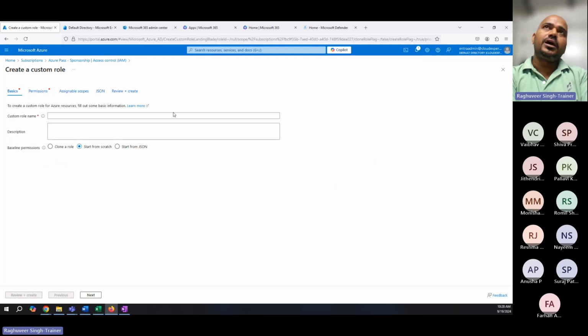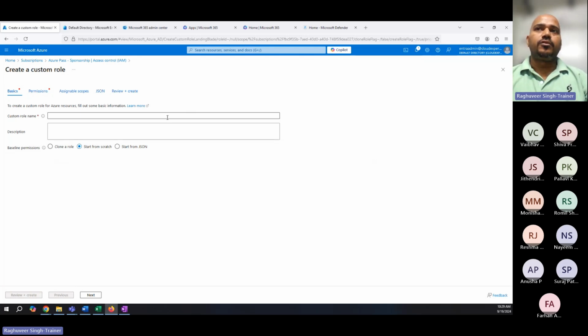Let's say I want to grant somebody virtual machine contributor access. However, that access would allow creation, configuration management, and deletion. And I don't want the configuration management part. I only want the creation part. The person should be able to create resources, but not manage and delete.